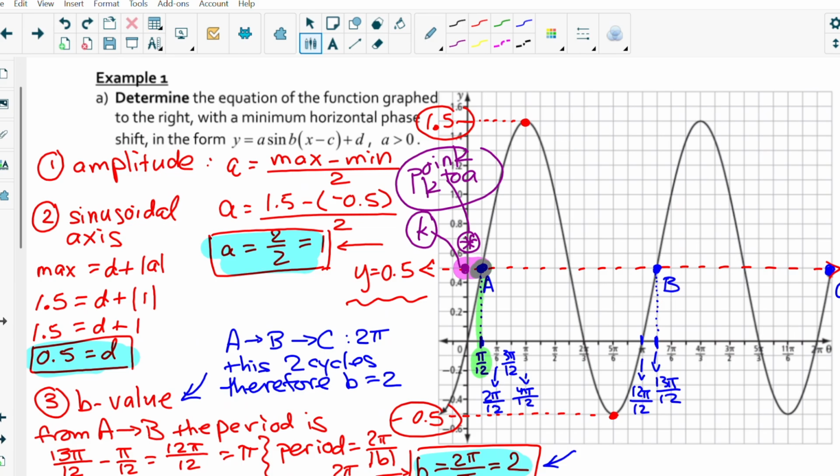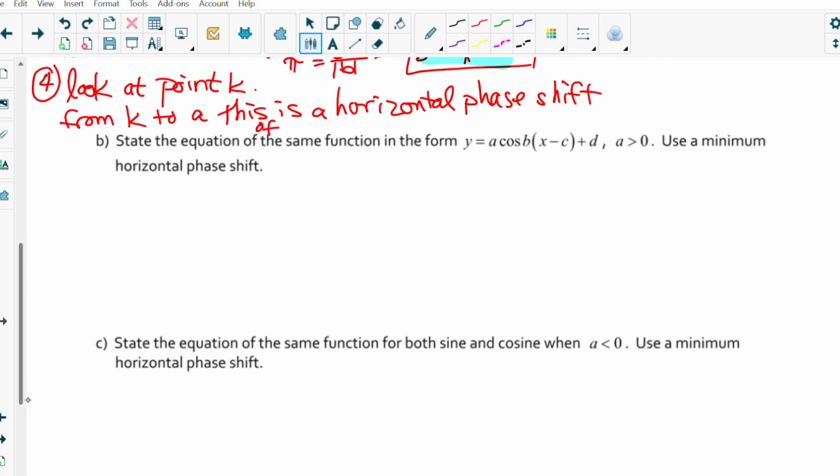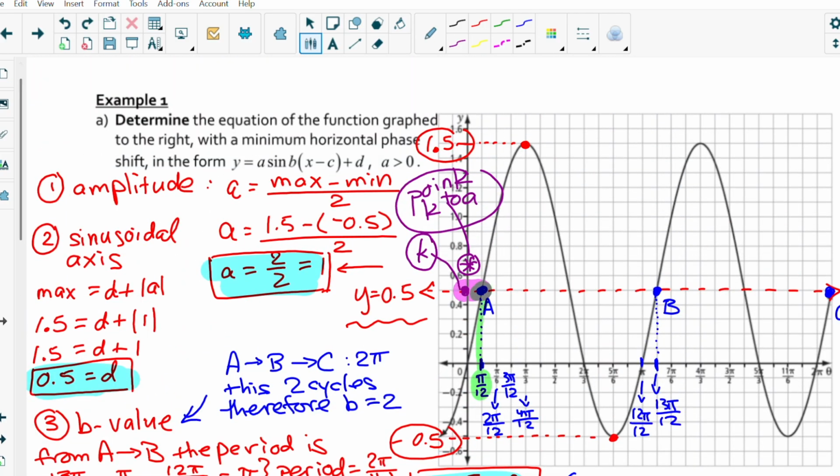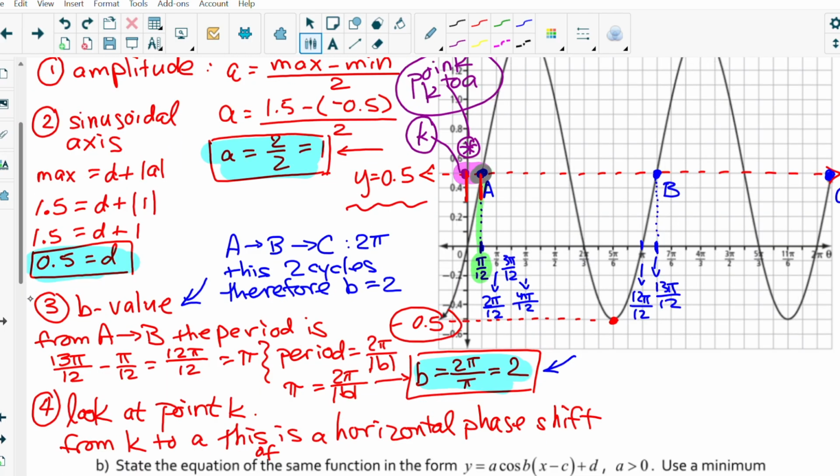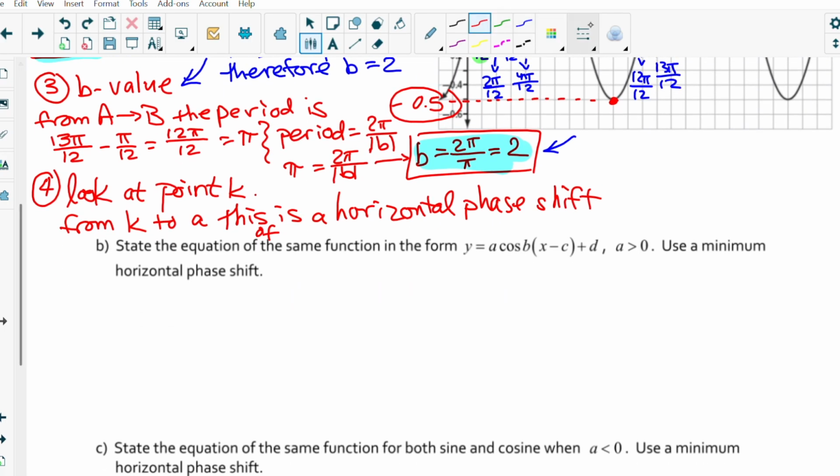If I imagine this transformed graph shifted to the left, that would be our original sine function just vertically translated up. So if I think of that shift from K to A, that's my horizontal shift C value. What is that? This point right here, that's pi over 12 units, so pi over 12 radians.